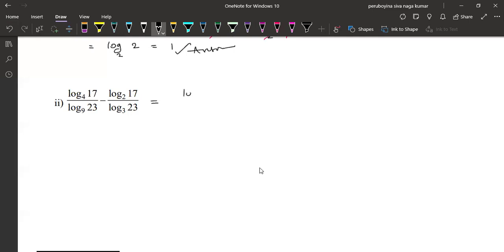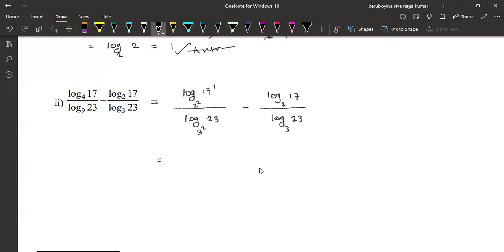The first number, you can write 17 power 1, base 4 means you can write 2 squares, whole divided by log 23, base 9 means 3 squares, minus log 17 base 2 divided by log 23 base 3.